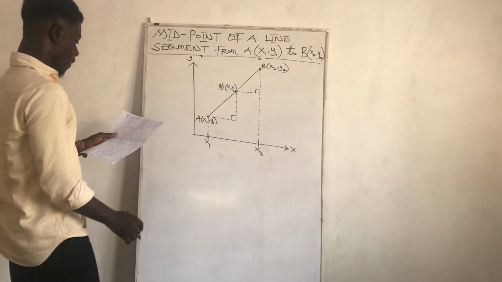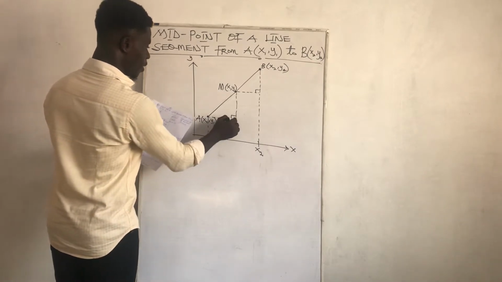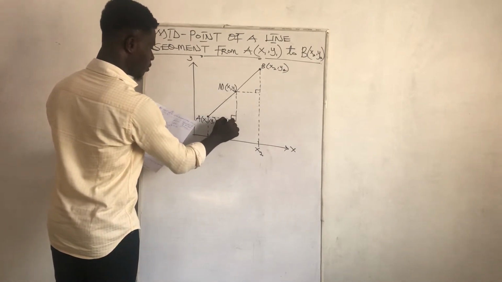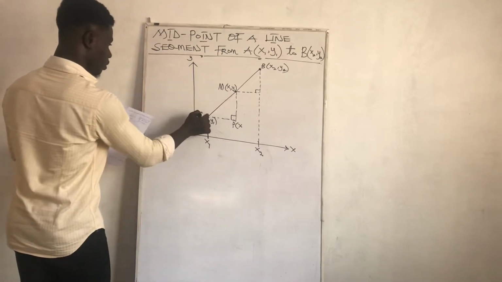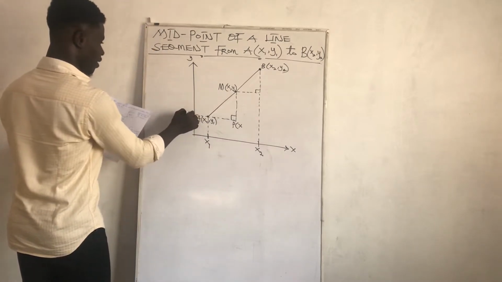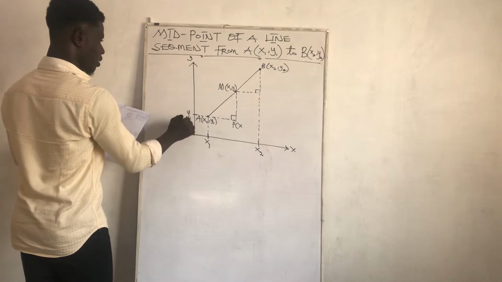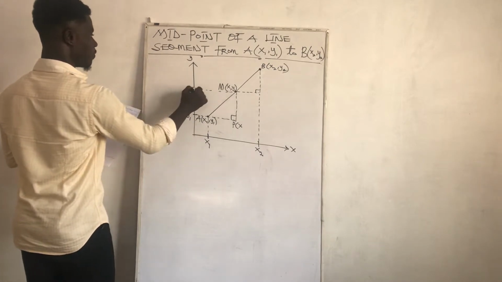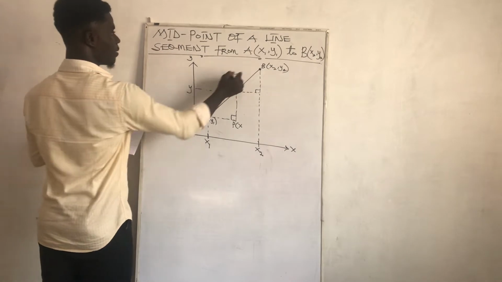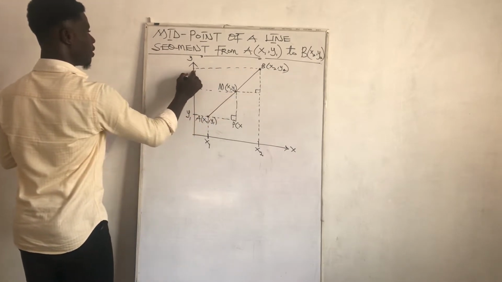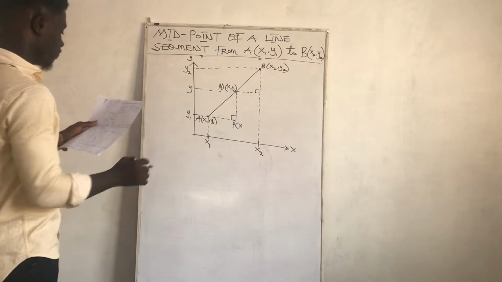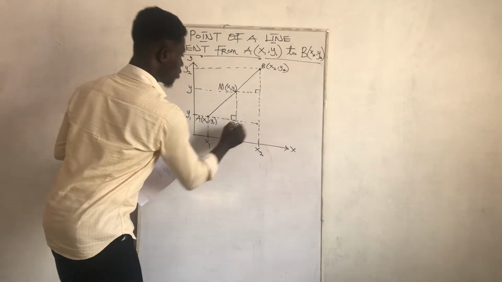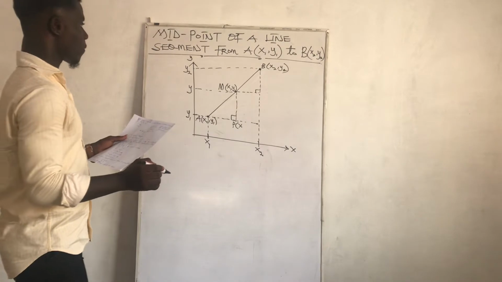Then we have point P. Let us give another value, a y value here, that's y1. Then another value here, that's y. Then another value here, we assume to be y2.